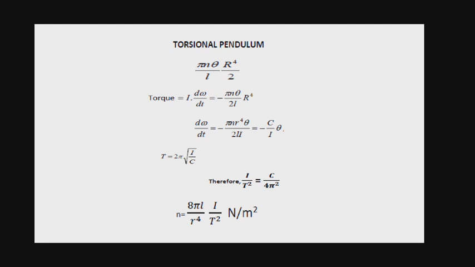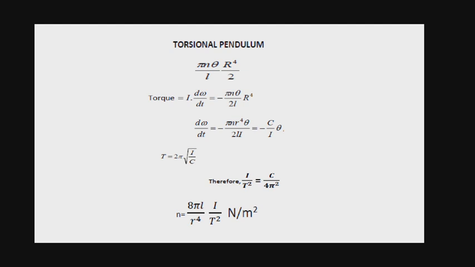So, the time period, you know the formula, is T equal to 2 pi root of I by c. Therefore I by T square is equal to c by 4 pi square. For the given wire, c is a constant, and hence the ratio I by T square is a constant irrespective of the body and axis of rotation.